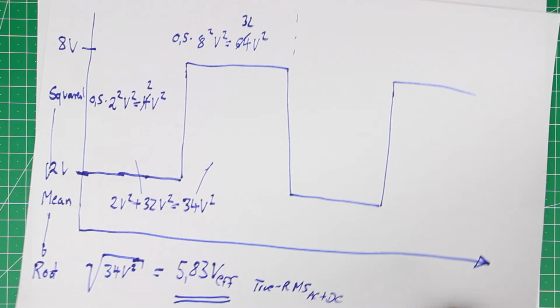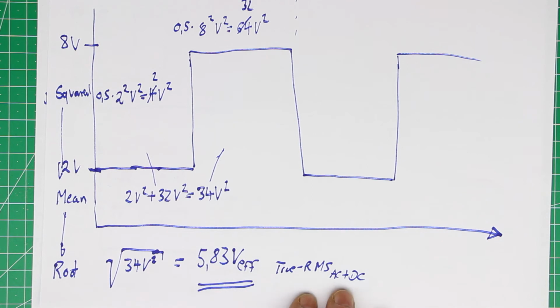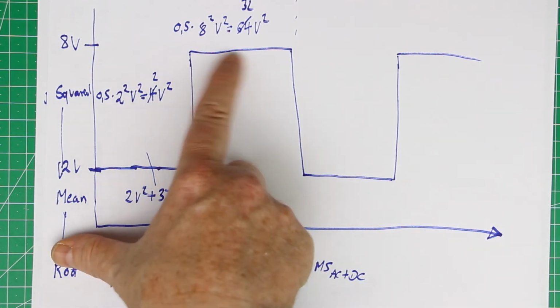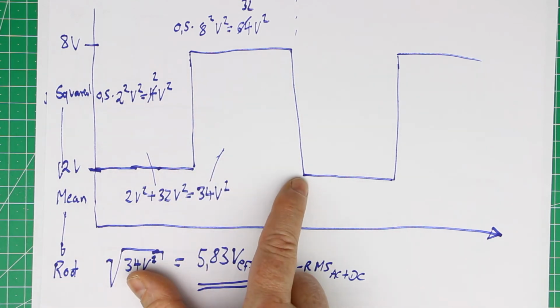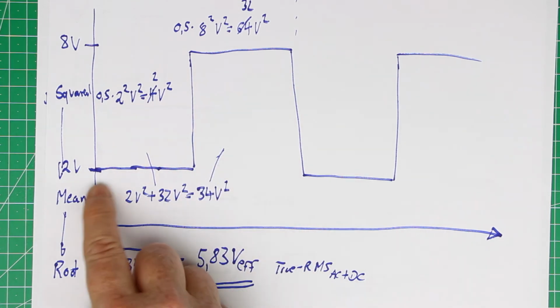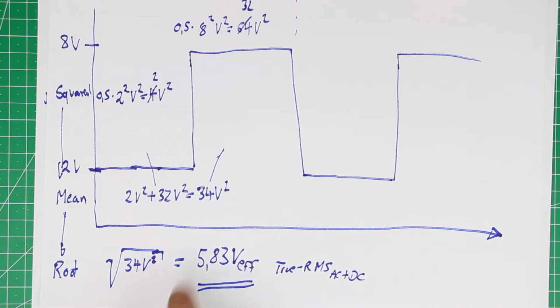And only if the multimeter is DC coupled and makes the correct RMS calculation internally, then you get the correct value. And we'll verify this in a second with an oscilloscope.